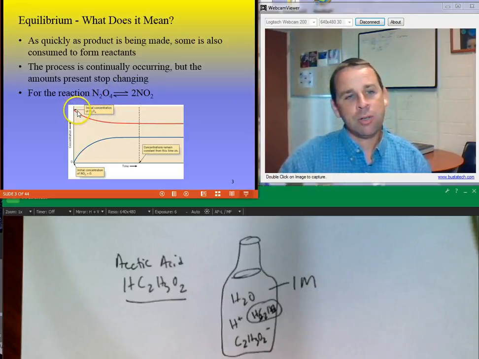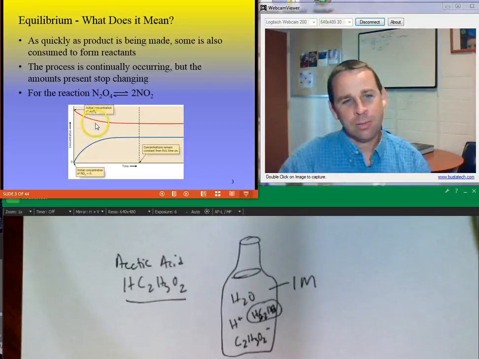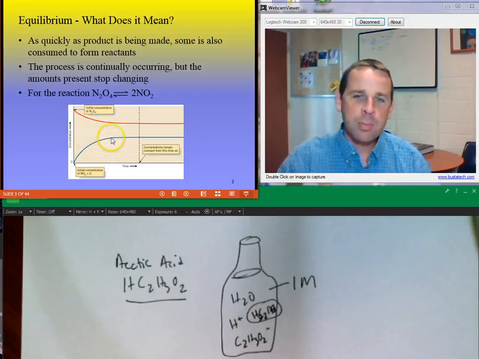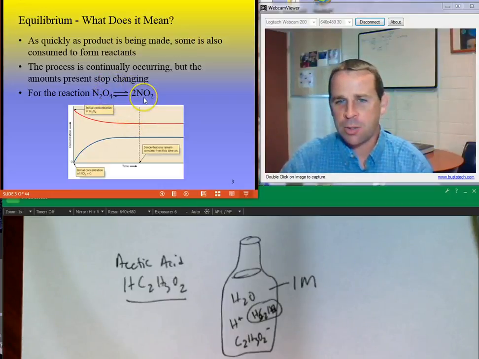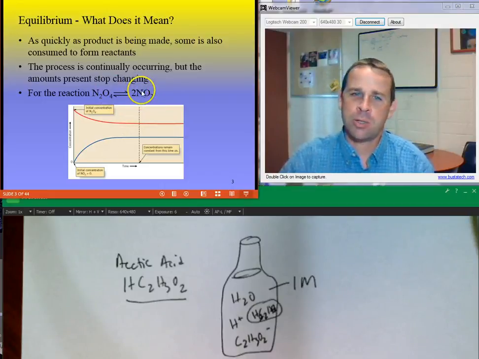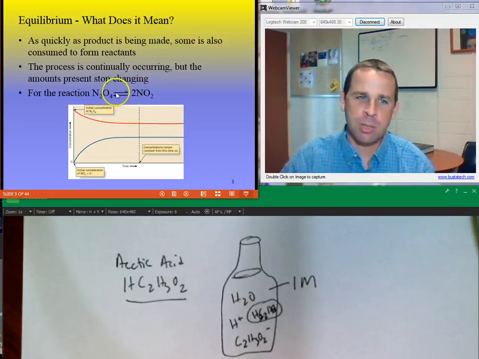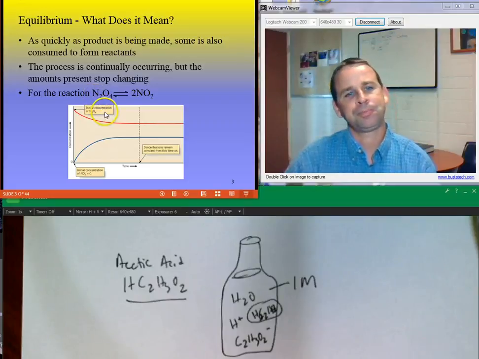So the concentration of the N2O4 goes down initially, right, as the reaction proceeds, and the concentration of the NO2 goes up initially as the reaction proceeds. But then there comes a point where the rate at which this stuff decomposes into nitrogen dioxide is the same as the rate at which the nitrogen dioxide molecules come together to form the N2O4.